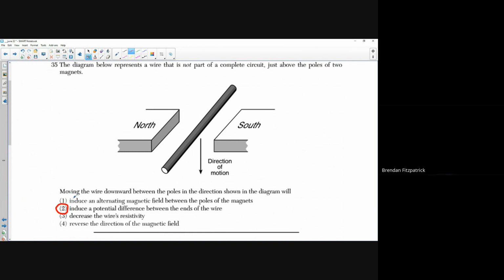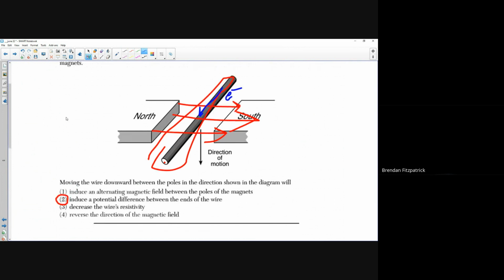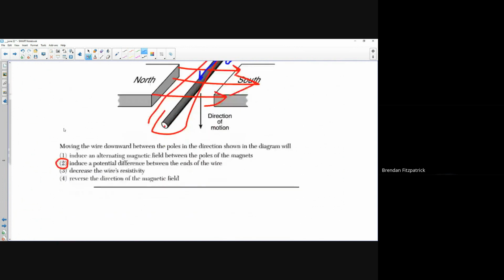That is a fact that does happen. So there's no math associated with that. You just need to know that when there's a magnetic field and you are moving a wire through that field, you will end up getting current flowing through the wire. So that was 35 is choice 2.